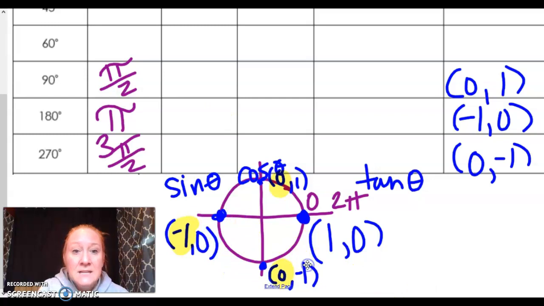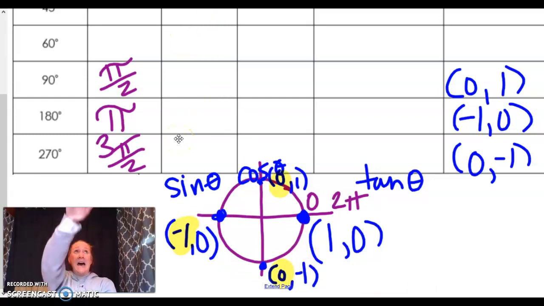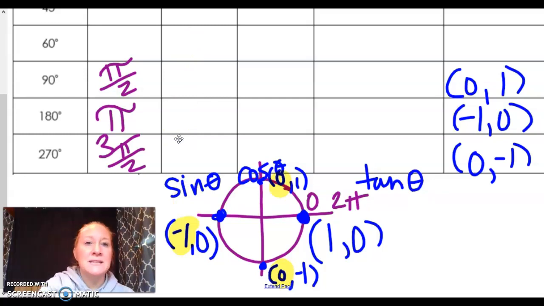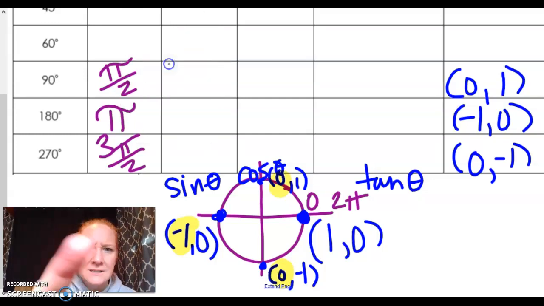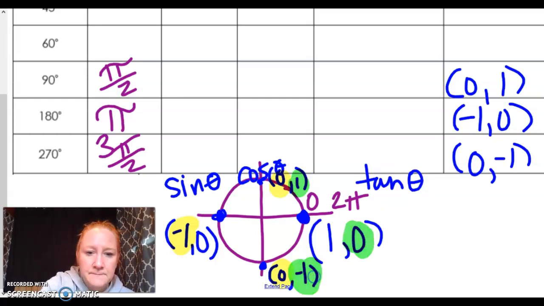Okay. So let's start with sine right here. Well, sine is opposite. All right. And so sine being the opposite is also your x value. No. It's not your x value. It's your y value. Oh my gosh. Sine is your y value. Okay.